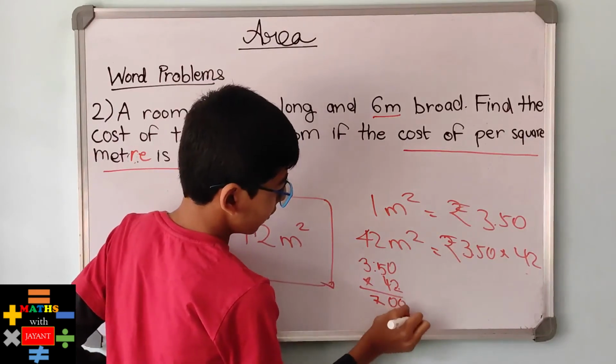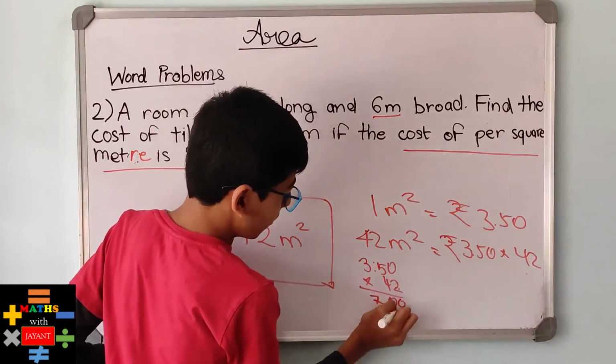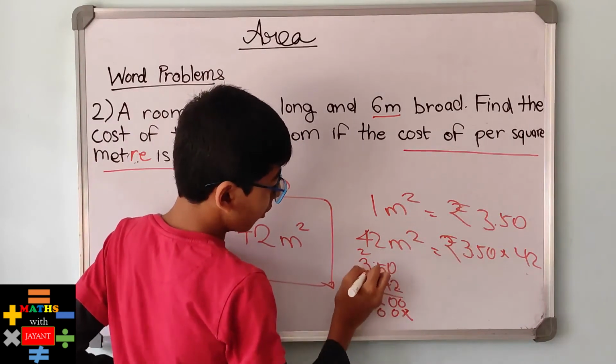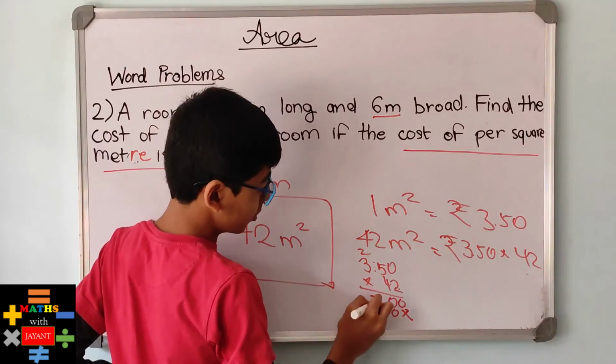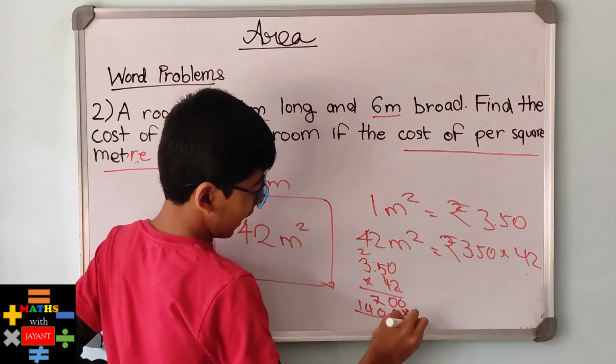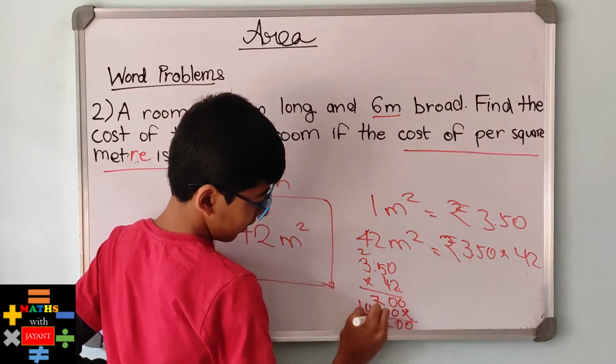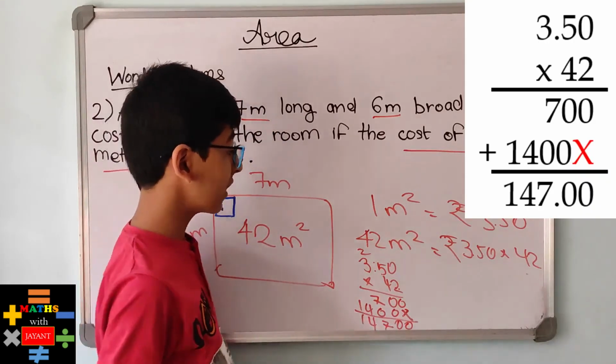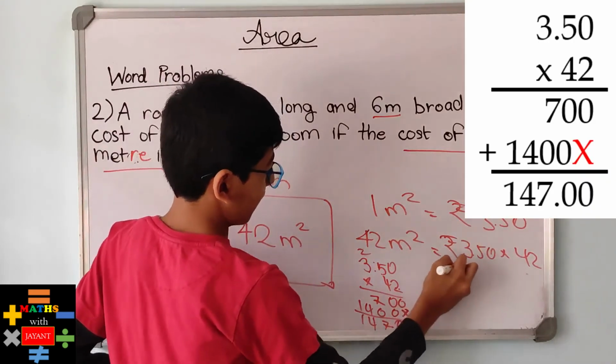Now we put the cross. 4 into 0 is 0, 4 into 5 is 20, 2 carry forward, 4 into 3 is 12 plus 2 is 14. We add 0, 0, 7, 4, 1. So we get 147 rupees as our final answer.